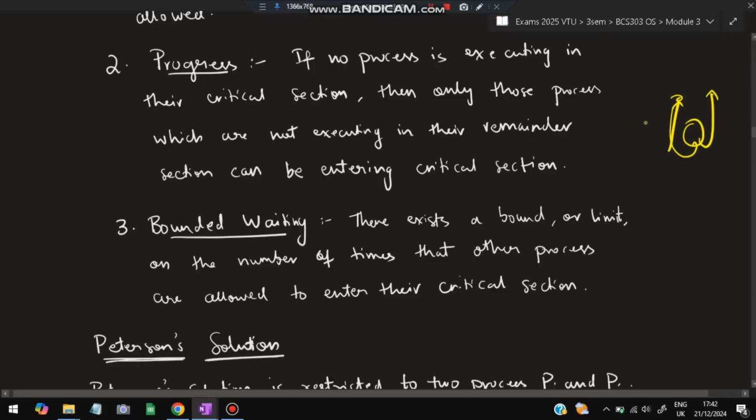There should be a limit defined such that one process can go only n number of times until another process goes next, and then the previous process can go. That is called bounded waiting.